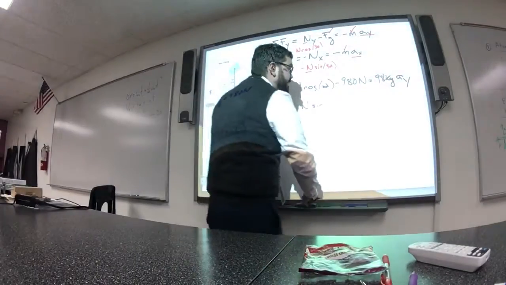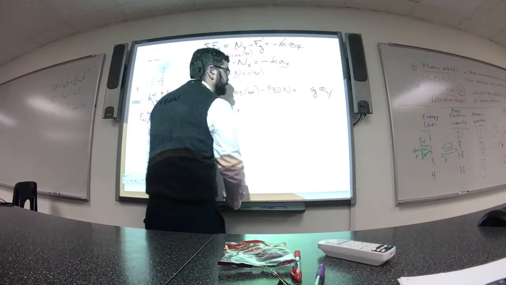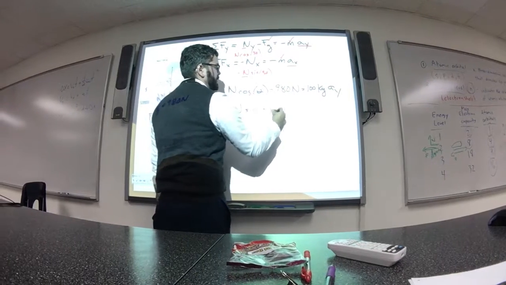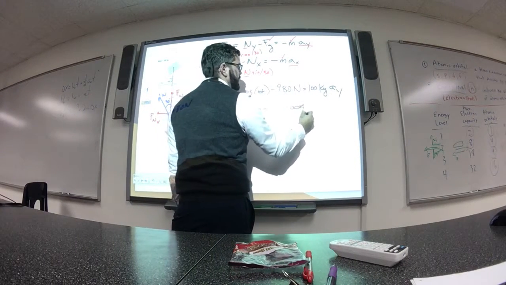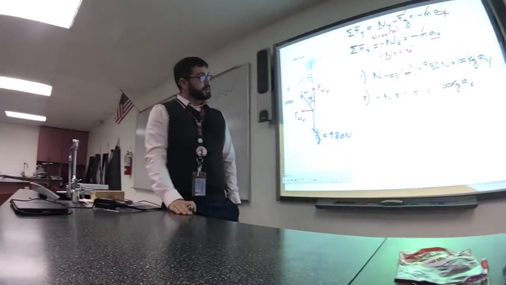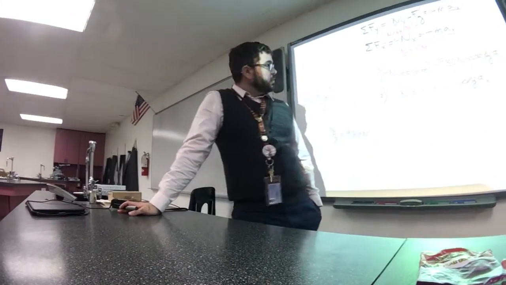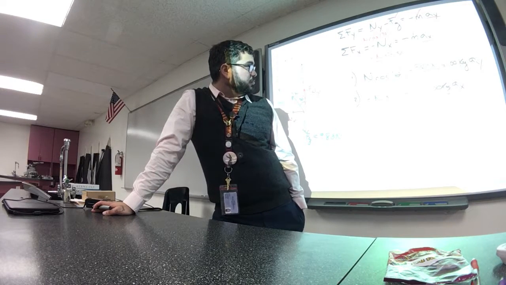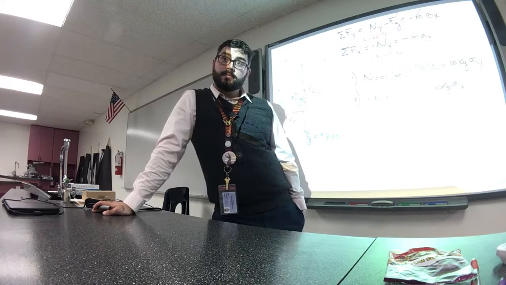Oh yeah, you're right, sorry. So this is what I've got. This is what I know. How do I solve? What do I do to solve? I can solve for n?